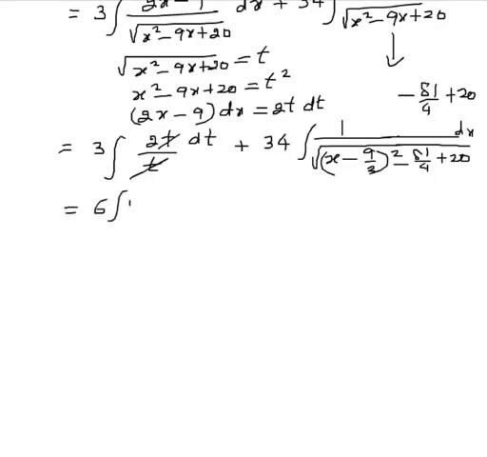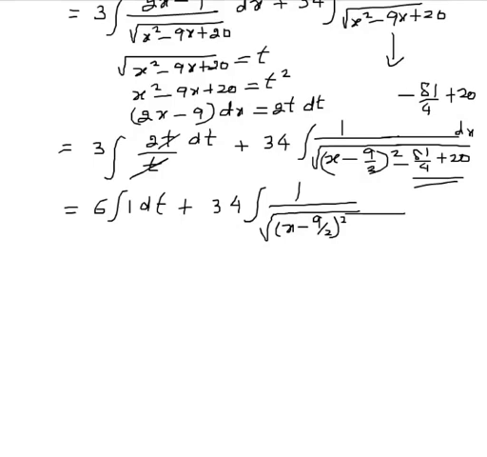Therefore, this becomes 6 integral 1 dt plus 34 times integral 1 divided by root of x minus 9 by 2 the whole square. This simplified answer is minus 1 by 4, which can be written as minus half the whole square. Now let us integrate both the terms.